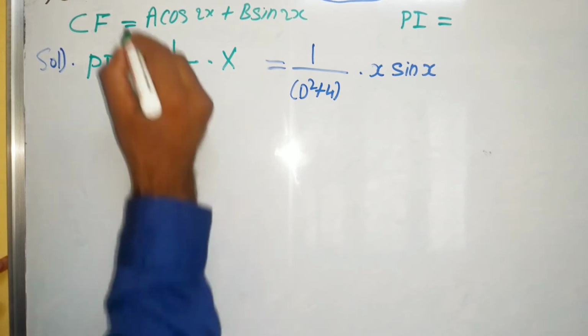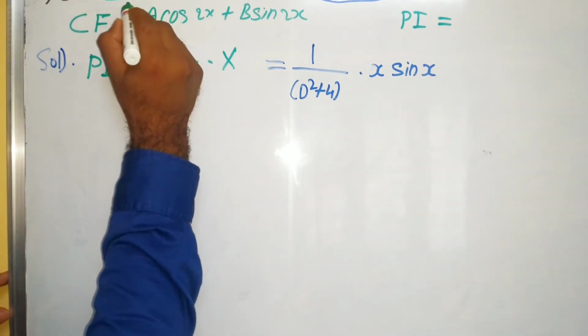I am taking this d square plus 4 as f of d.